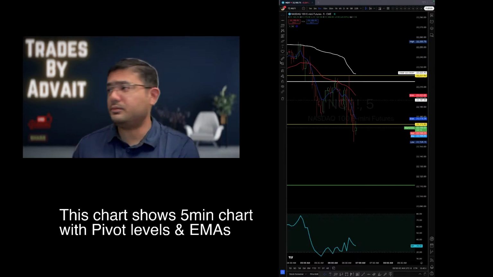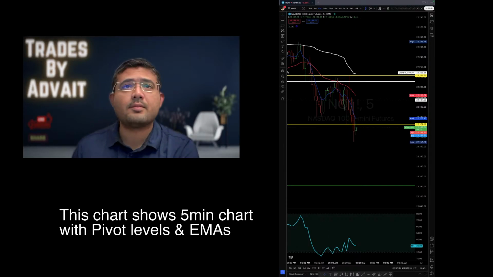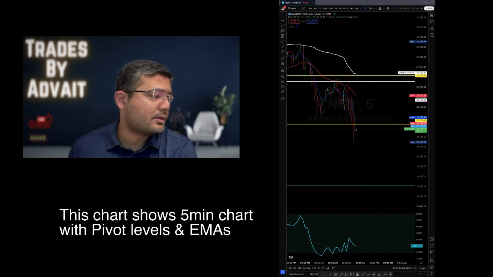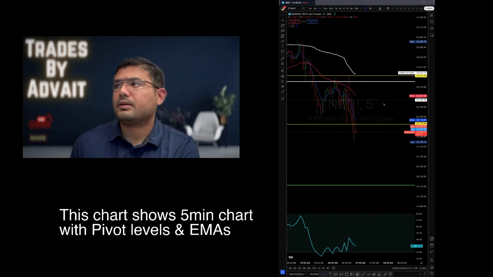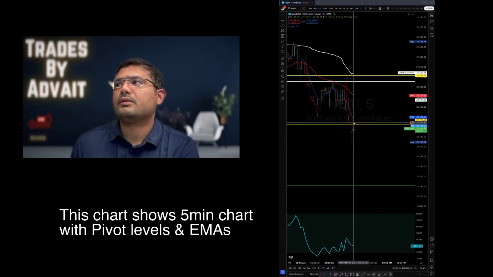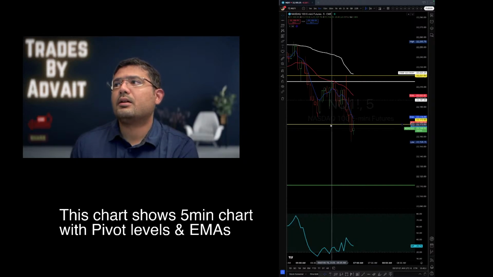Let me see if I can grab some 5-minute, 5-point trade. So as you can see over here, there is a very nice breakout of the first 15-minute candle, right?